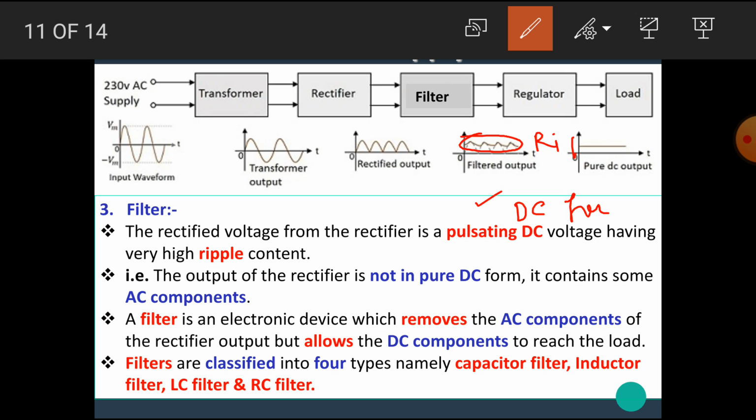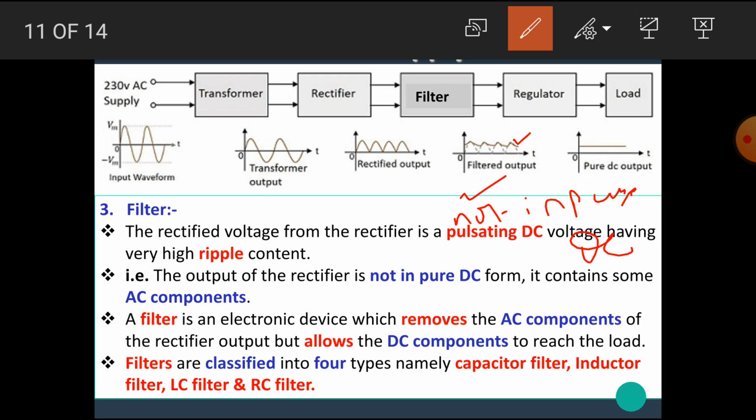Here a large amount of ripples is present, and here a small amount of ripples is present. Hence this filter output is also not in pure DC form; it contains some AC component.